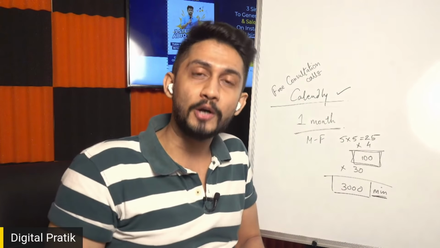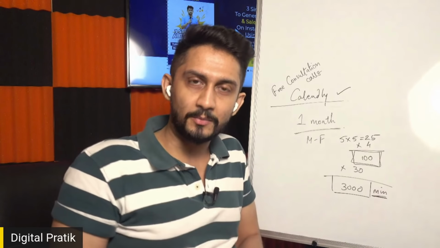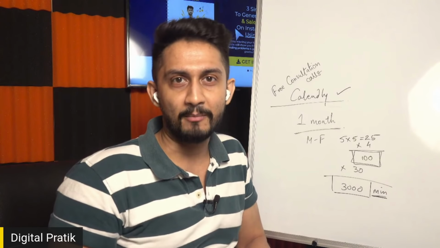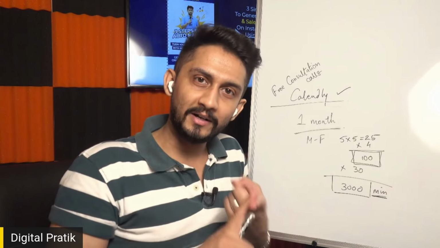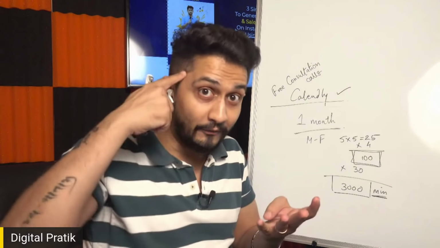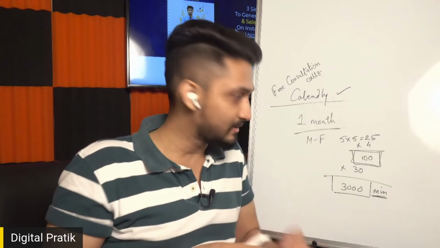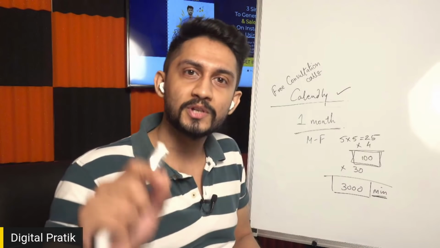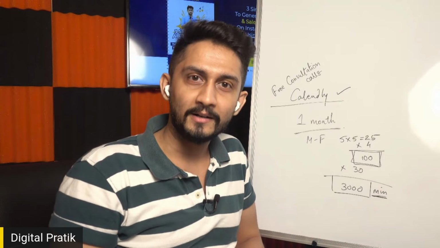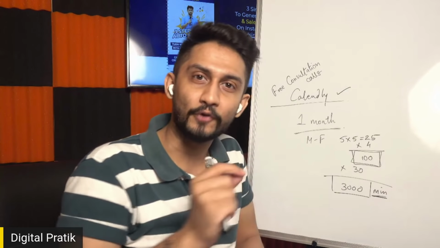3000 minutes of content. People always ask me, sir, how do I create content? I don't have that much, I don't have this camera and so on. Do you have internet? Do you have Calendly? Do you have a Zoom call? Do you have knowledge? If you have these things, you have 3000 minutes of content in this month itself. 3000 minutes of content.